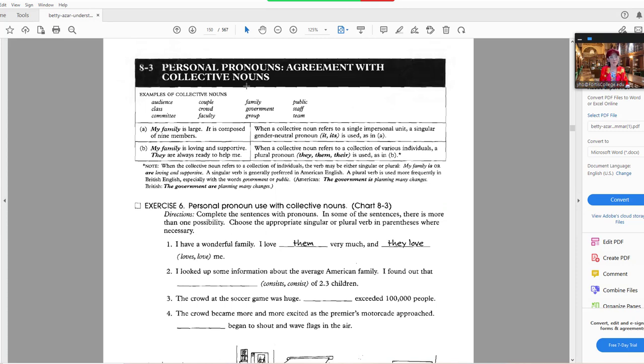Personal pronouns, agreement with collective nouns. This has to do with subject-verb agreement. Remember when I said that something is one entity? And if something is a unit or one entity, then it takes a singular verb.